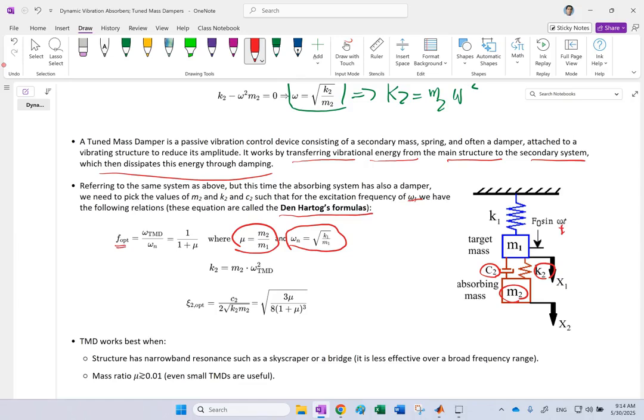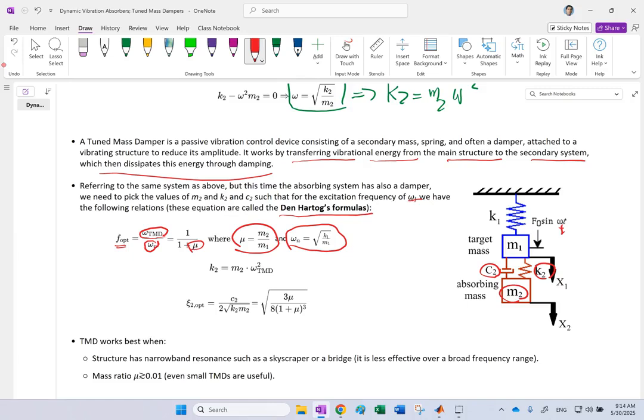In the numerator of this ratio, you have the omega of the TMD system over the original omega. And this ratio should be equal to 1 over 1 plus mu. Okay?